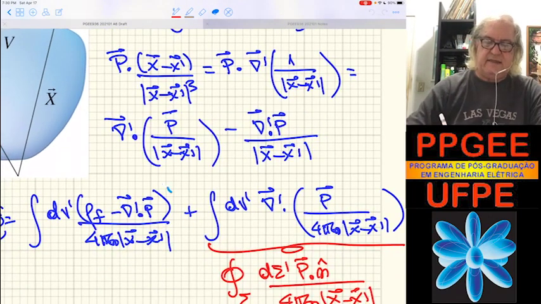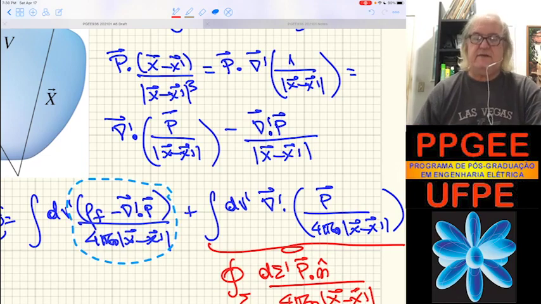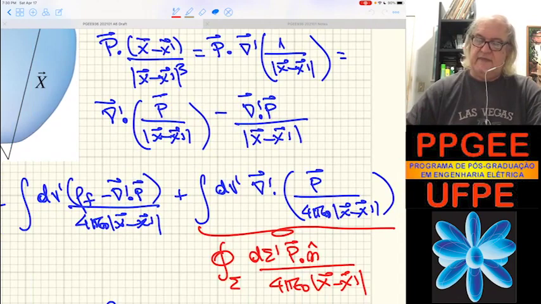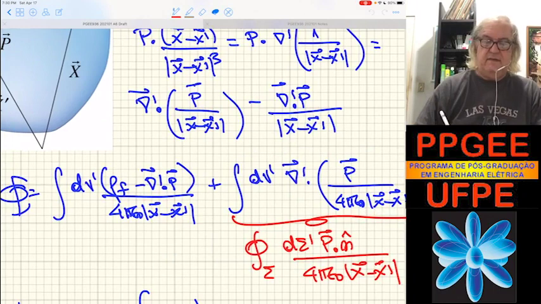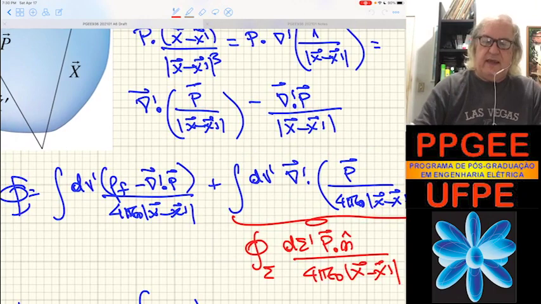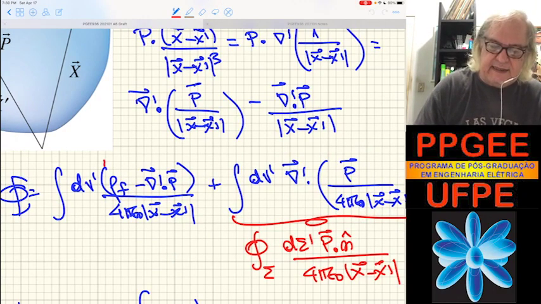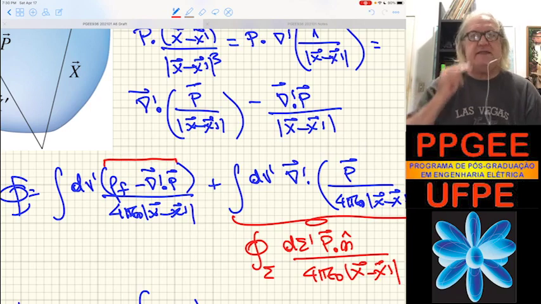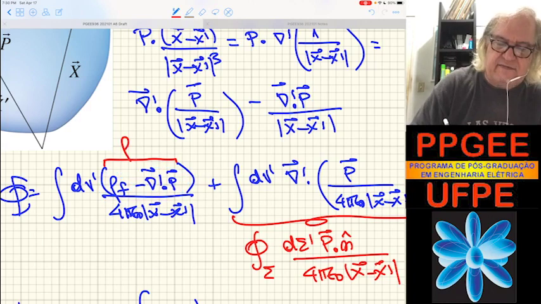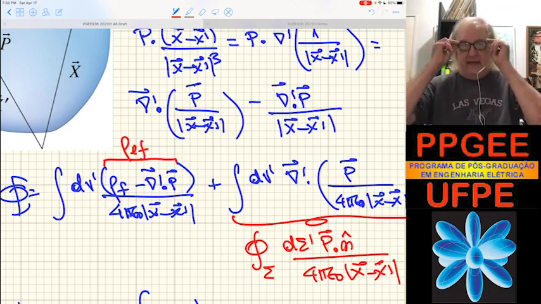You see that this is the term that has a denominator, and the other is the divergence of this thing here. We can call this an effective charge density. It's rho f plus the sum, which is minus divergence of P. I'm going to call this an effective charge density, rho ef.